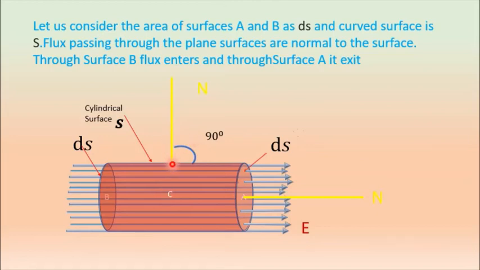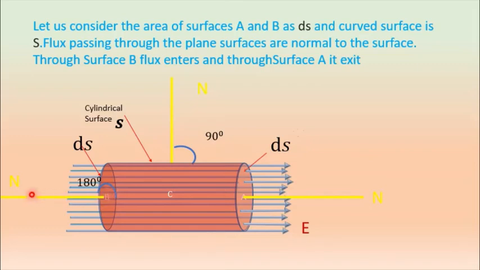Now let us consider this point. The normal of the curved surface and the electric field lines make an angle 90. The normal to the surface B and the electric field lines make an angle 180 degrees.